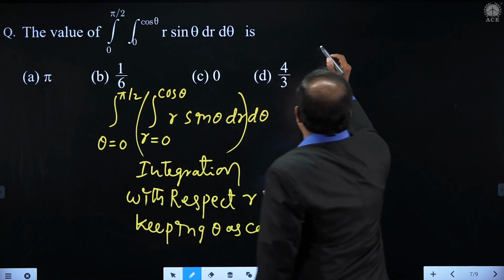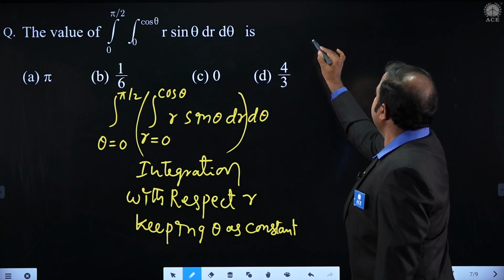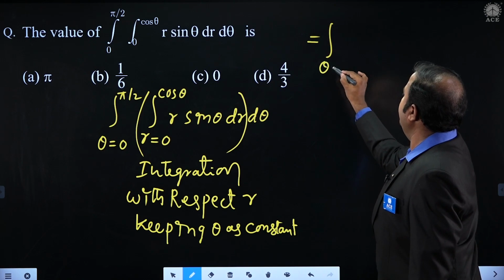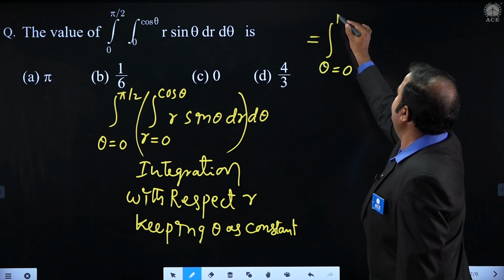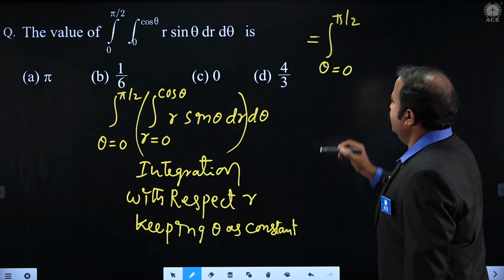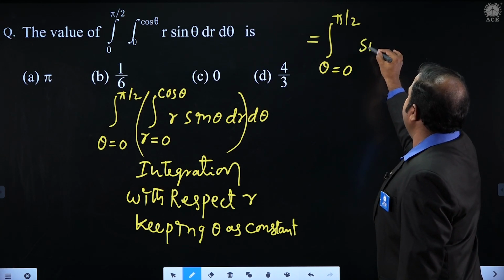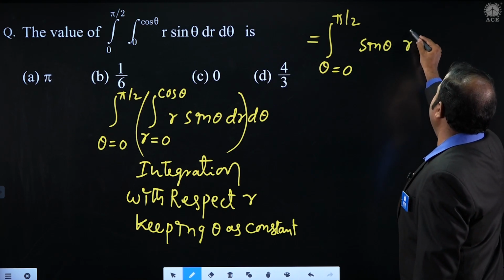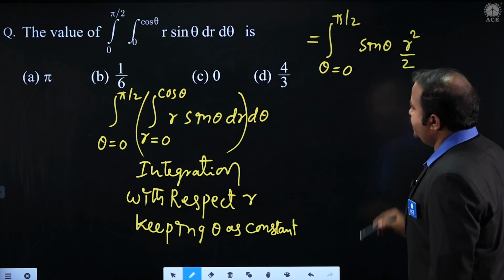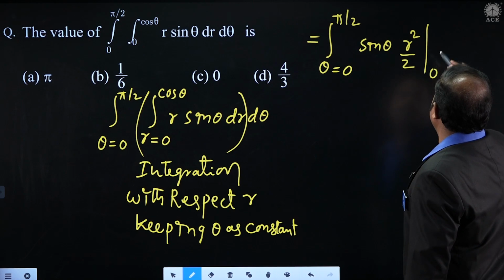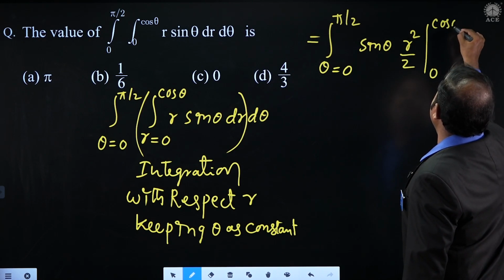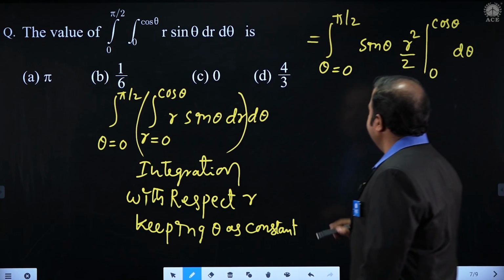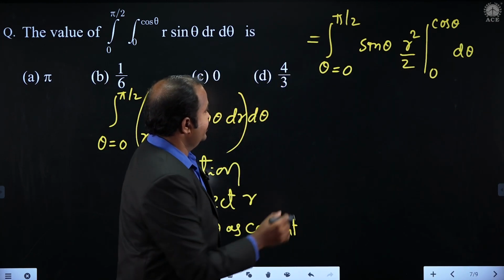So, then it is equivalent to integral of theta equal to 0 to pi by 2, sin theta constant only, r integration is r square by 2, between the limits 0 to cos of theta, d theta, right.